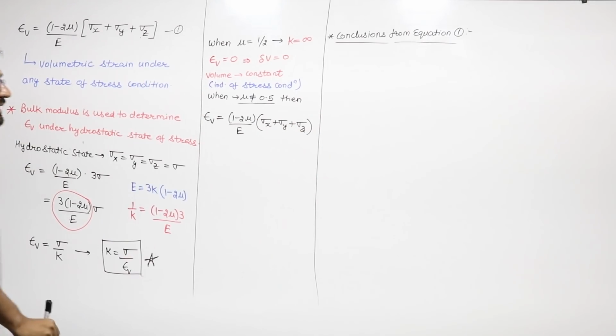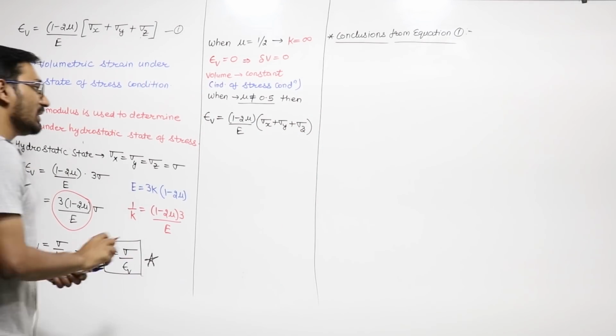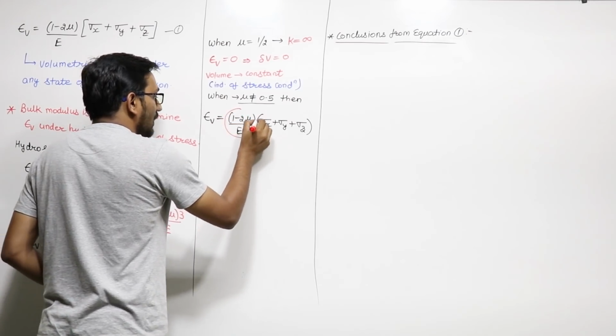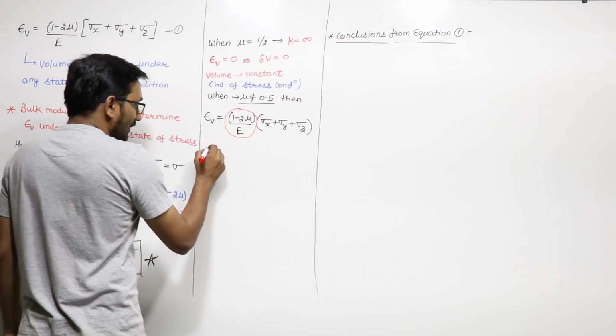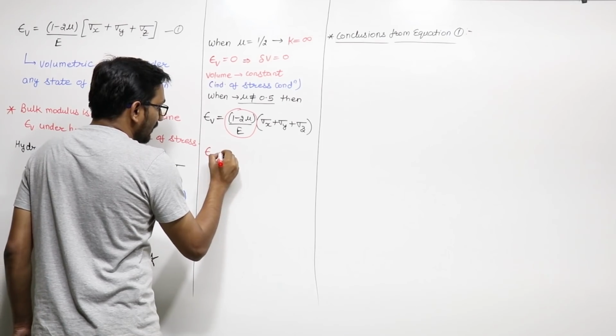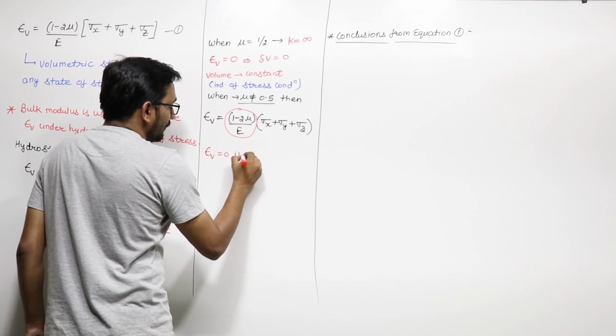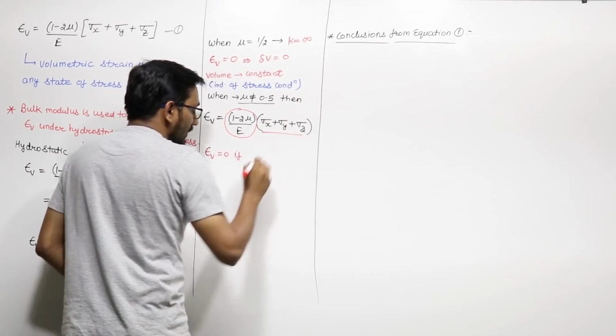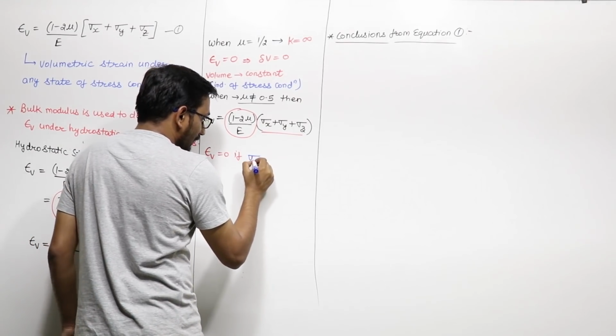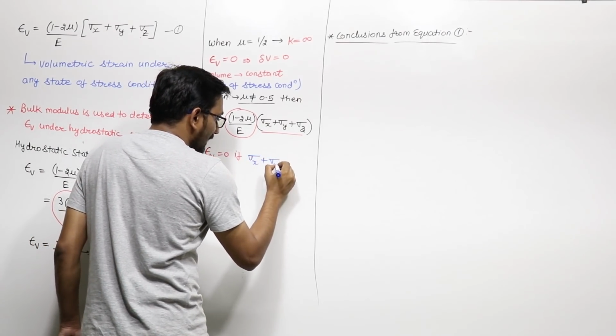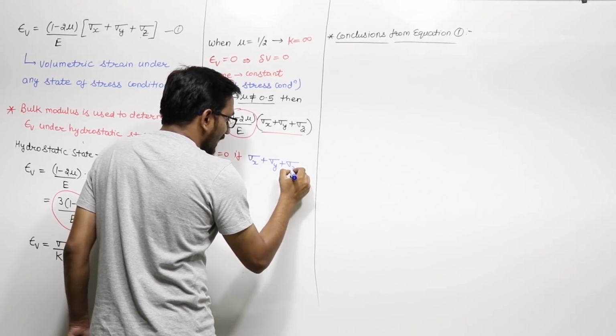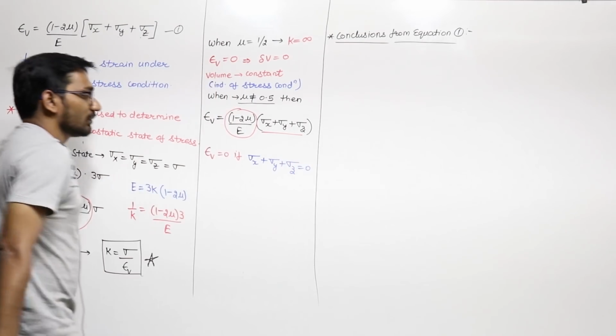This is the volumetric strain. So the volumetric strain is 0 if the summation of sigma x plus sigma y plus sigma z is 0.